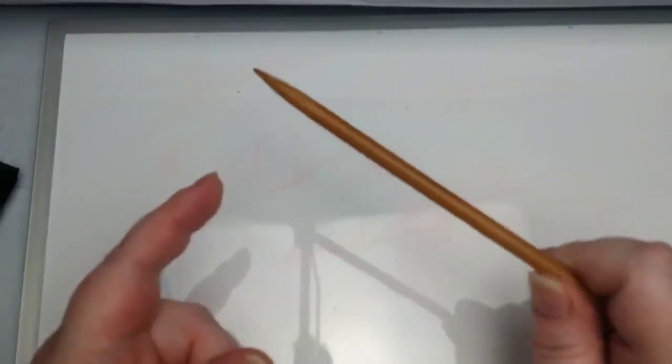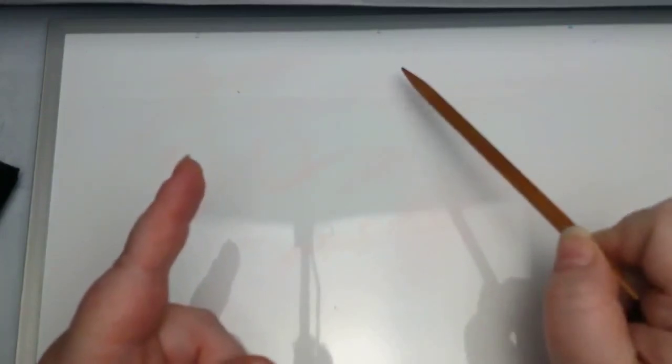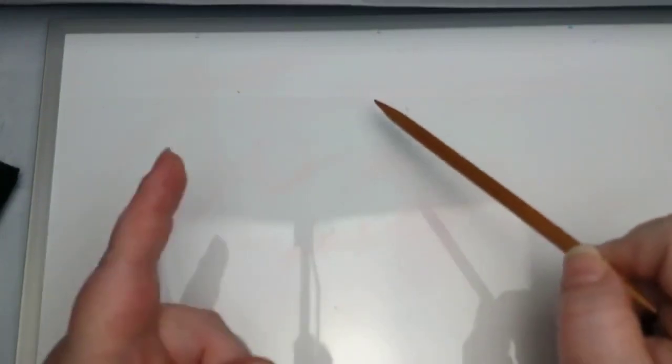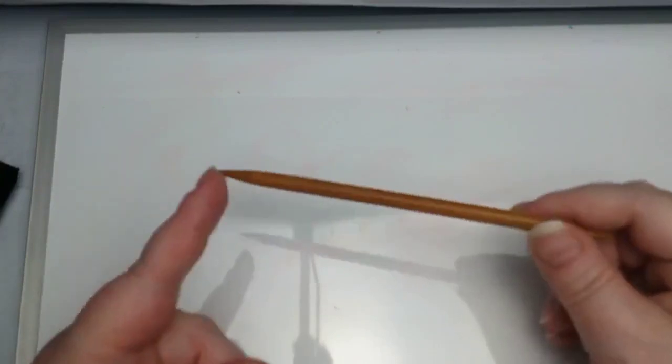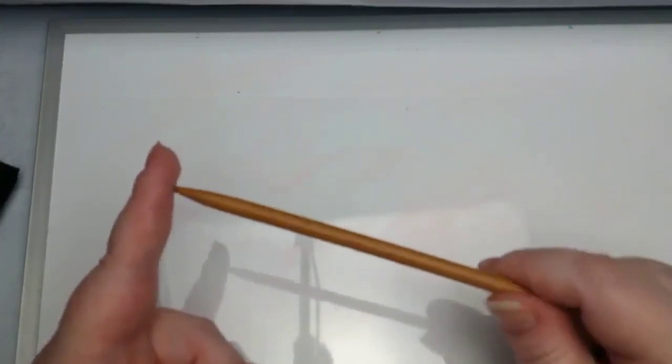You want it to be at least the same size as the needle you're using, maybe even one size larger or one size smaller. Ideally, you don't want to use anything too small because you could end up not being able to get your needle back in there, or it could fall out because it's too small for the yarn you're using.